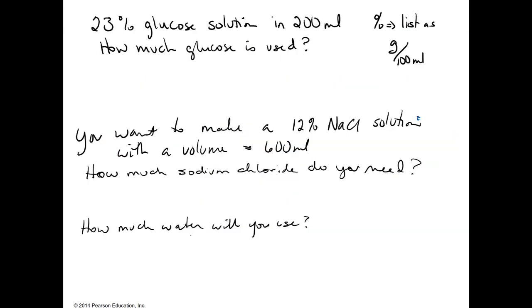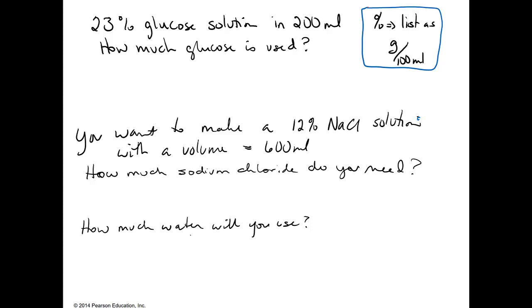So in this question, if you have 23% of glucose in a 200 ml solution, how much glucose did you use? So this is kind of like solving a molarity problem, except whenever you see percent, just change percent to grams per 100 ml. So like change the percent sign, pull that out, and put in grams per 100 ml. Just like if you see the molarity sign, you change it to moles per liter of solution.